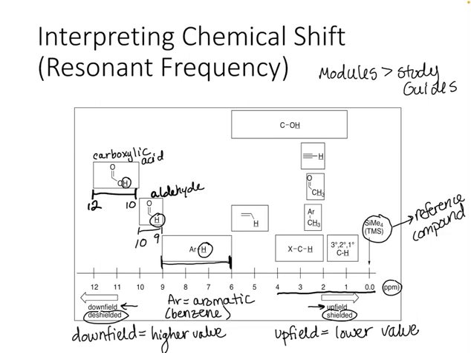All right, and then as we move further upfield, we can see that alkene protons will show up anywhere from about 4.5 to 6 ppm. Then we have protons that are bonded to a carbon that's bonded to a halogen. And those can show up anywhere from 2 to 4 ppm.